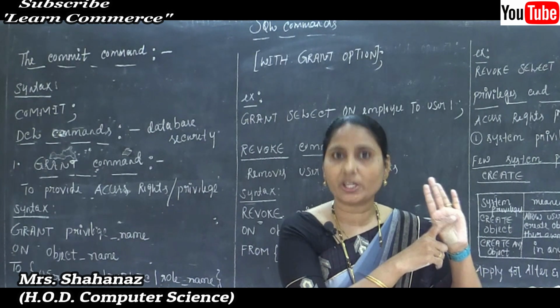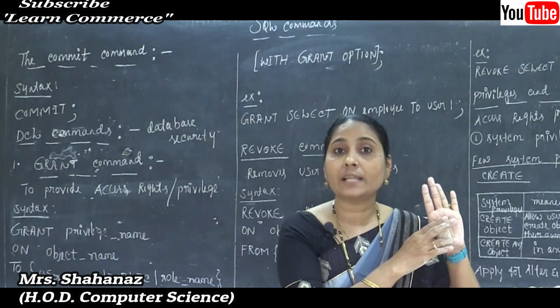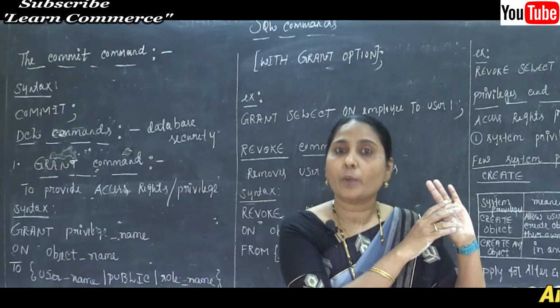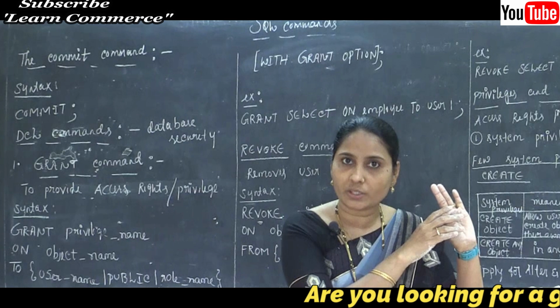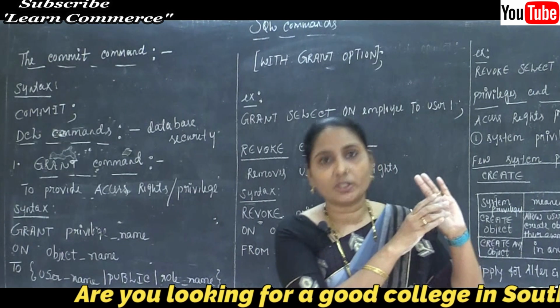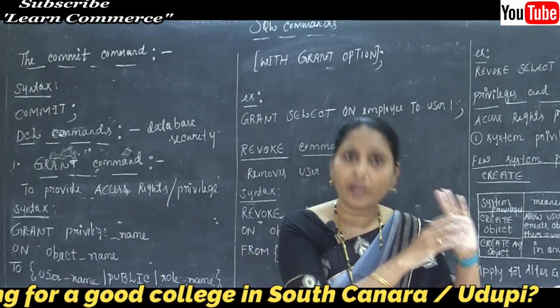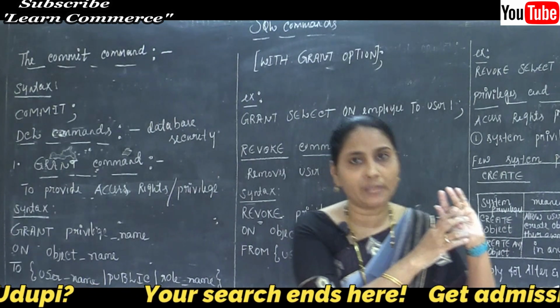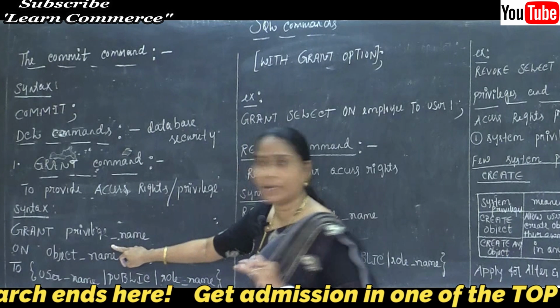Clear this point here? All operations are granted to the user to perform some task. Maybe the execute permission is granted to the user to execute a procedure or function, or maybe the select permission is granted to the user. Everything comes under privilege_name.